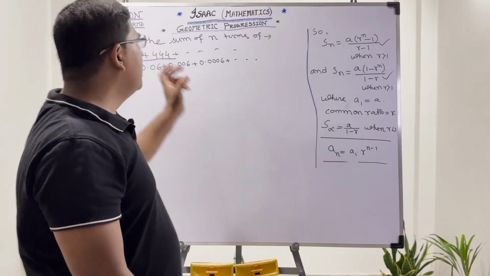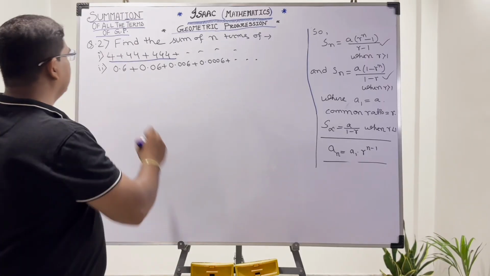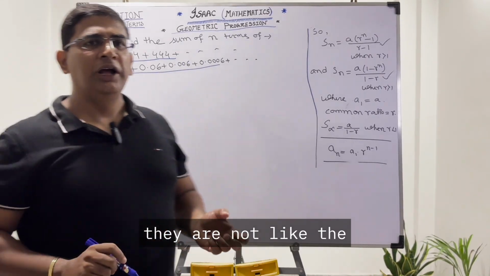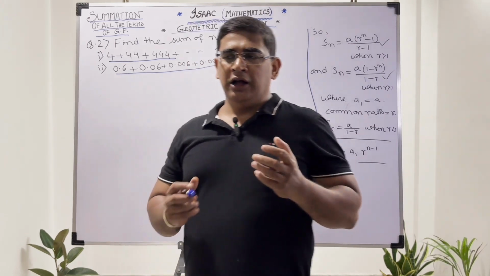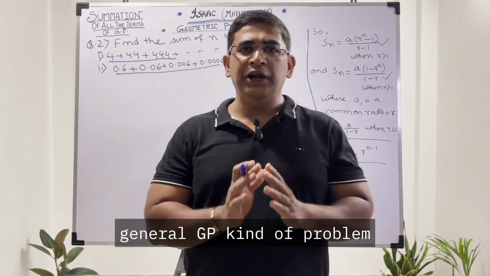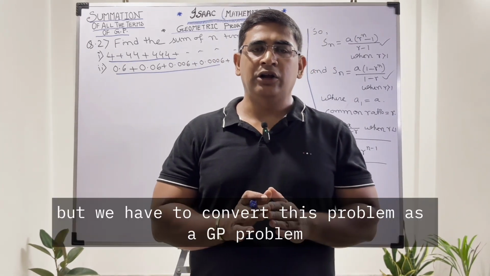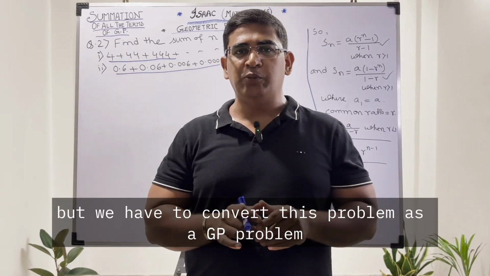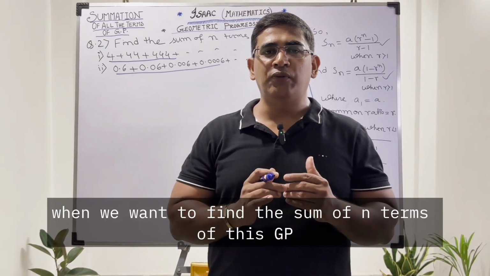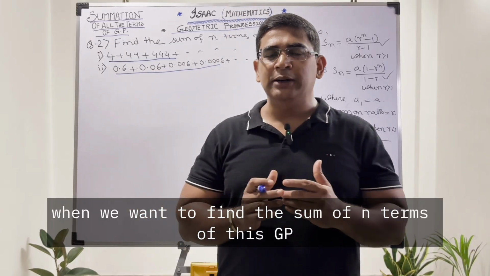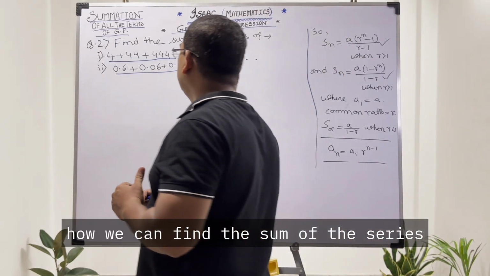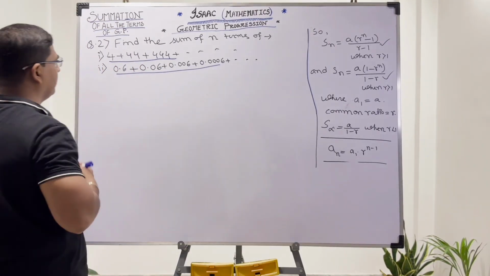Okay. Generally, they are not like the general GP kind of problem, but we have to convert this problem into a GP problem when we want to find the sum of n terms of this series. Okay, so let us study how we can find the sum of this series.